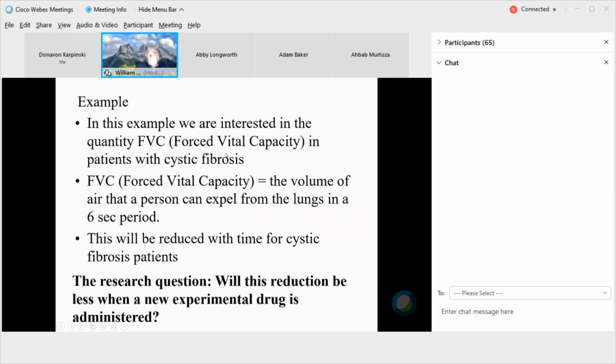As time goes on, for cystic fibrosis patients, this decreases with time. If I give the patients a new experimental drug, the question is, will this make the reduction in forced vital capacity smaller?